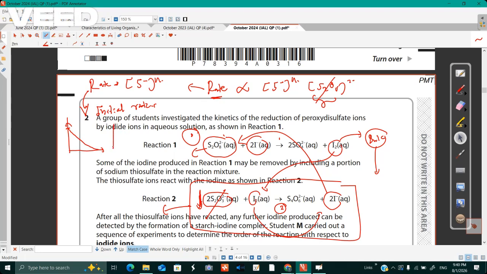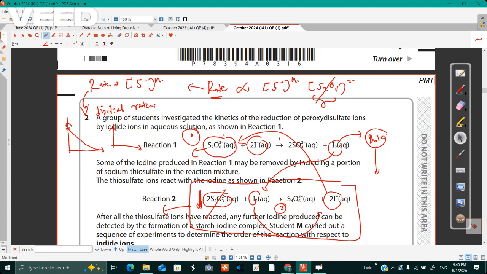Why? If you look at the rate, if the order with respect to I minus is not zero, then the rate must go down.